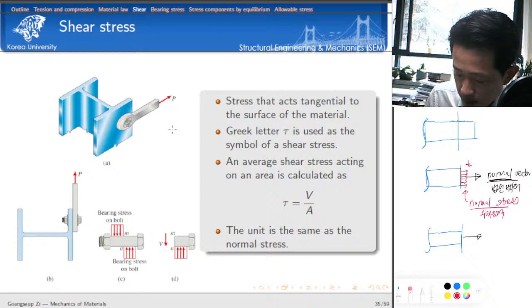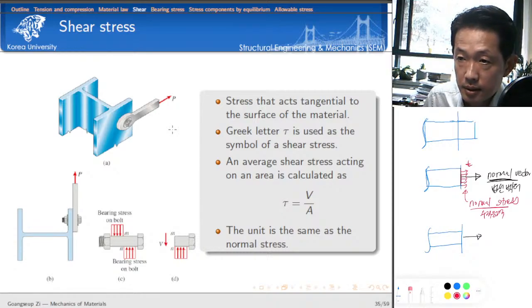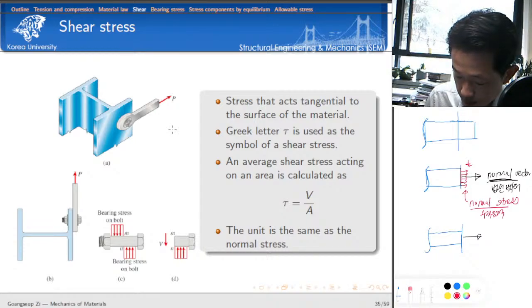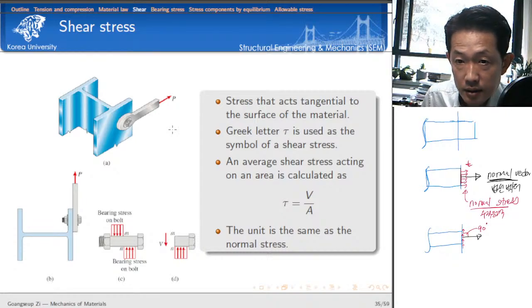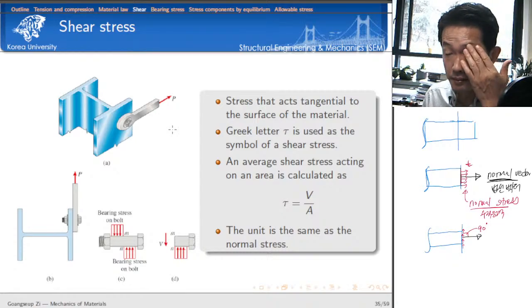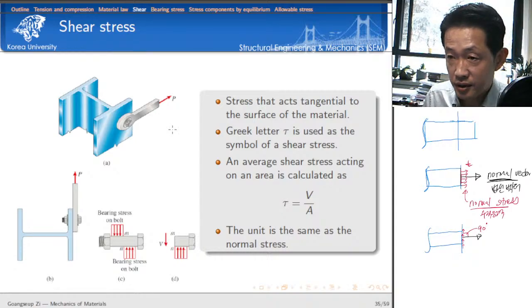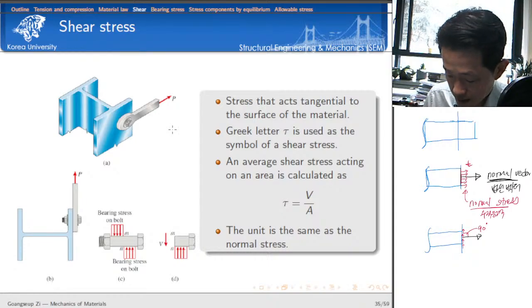But when we measure the traction acting on the cross section, its direction is not normal, but orthogonal. It has a right angle, 90 degrees. So the direction of the traction is tangential to the surface of the cross section.